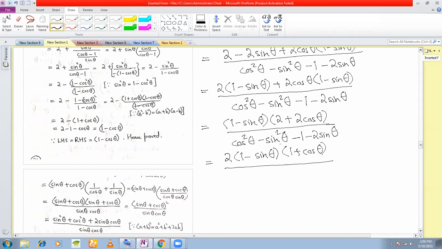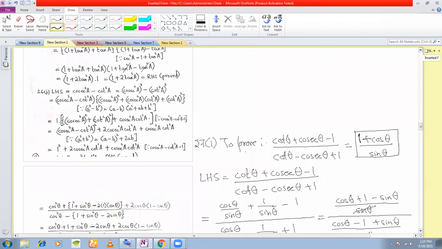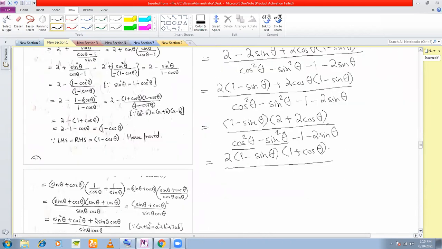If I change either this sine square to a cos square or this to a sine square, okay, then I might get one factor which will get cancelled. Okay, so see in the proof, you have 1 plus cos theta in the numerator. We are getting this here. That means this is something that will cancel. Okay, so let's see how it will cancel. We have to adjust the denominator accordingly.